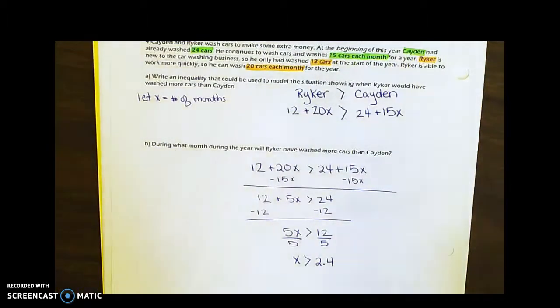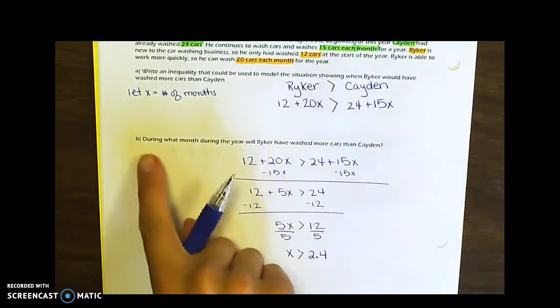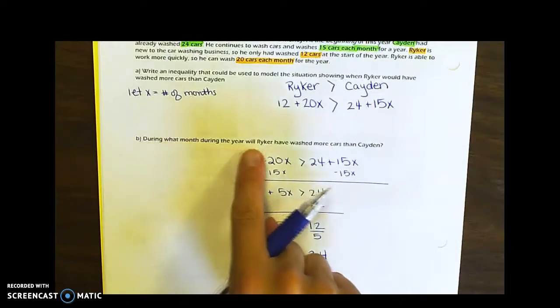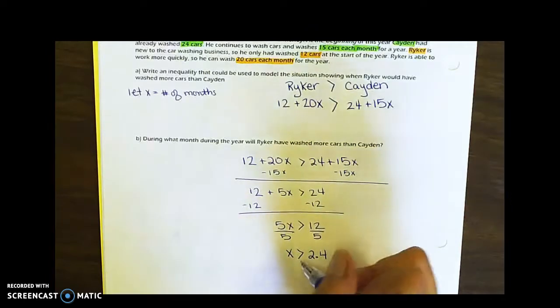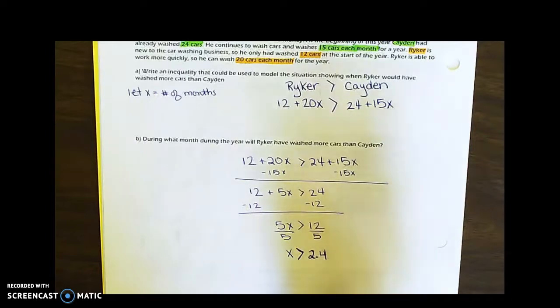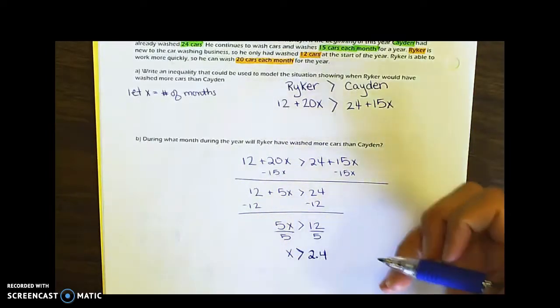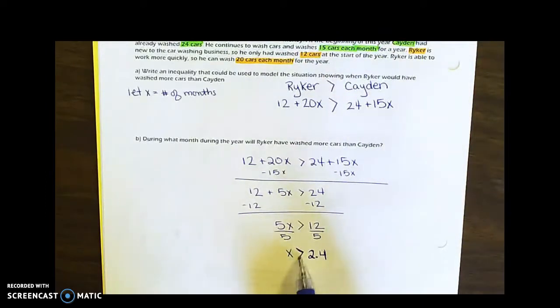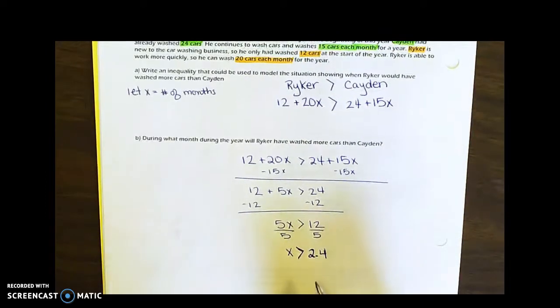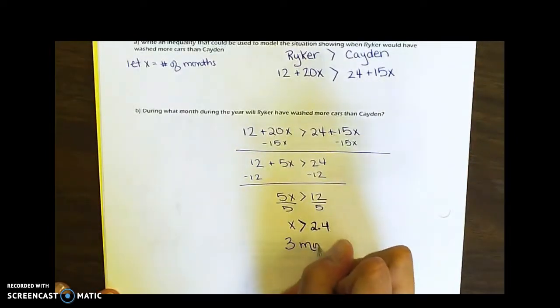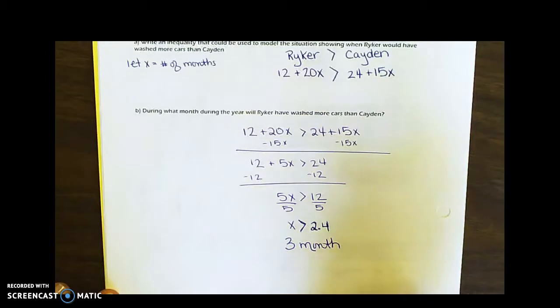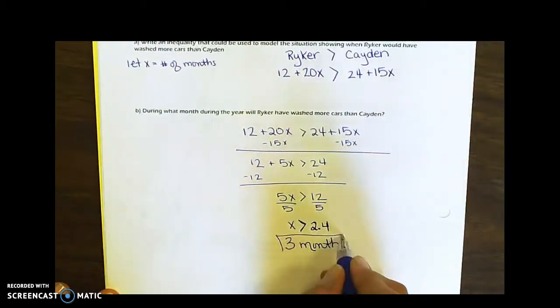Now, read carefully. During what month during the year will Riker have washed more cars than Caden? Well, X has to be greater than 2.4. So are we going to have to round up or round down? If X has to be greater than 2.4, that means it would be the third month.